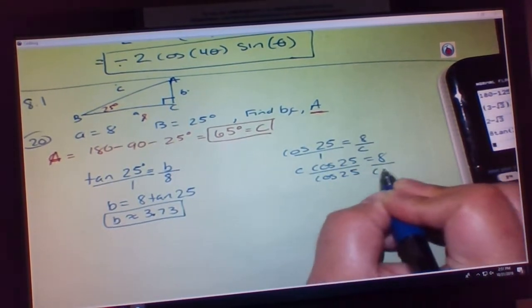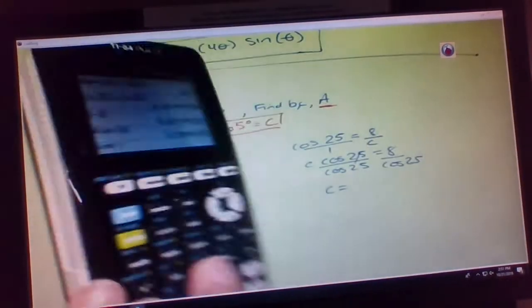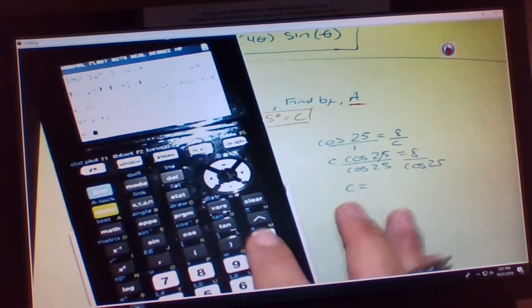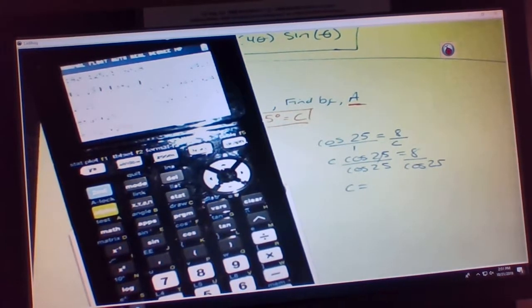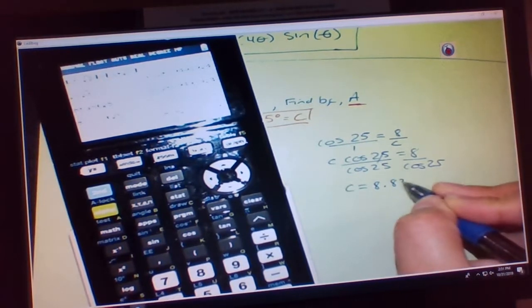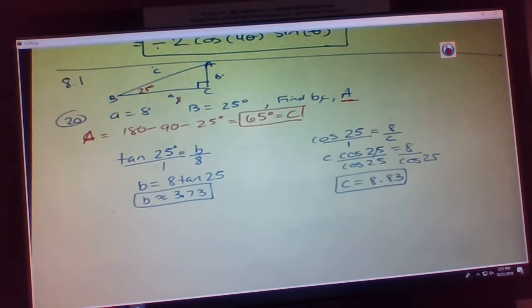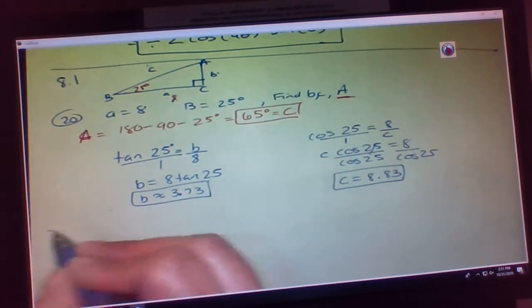Divide by cosine of 25. So c equals 8 divided by cosine of 25, which is 8.83. And there you go. It's a quick review of what it is. 8.1, 2, and 3 are the easiest ones on there. So that's that.